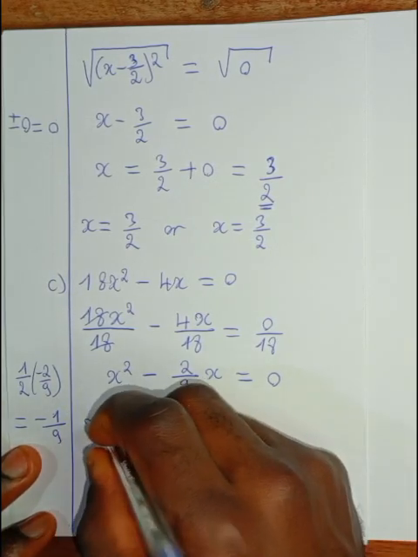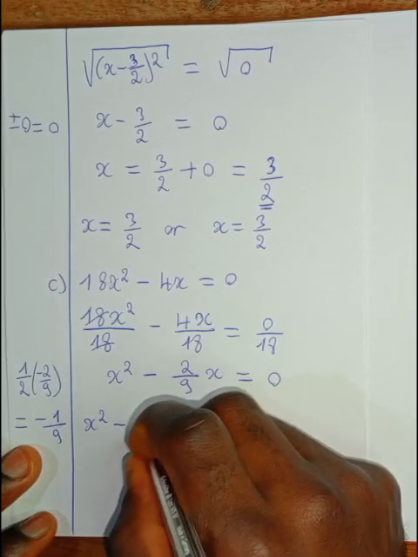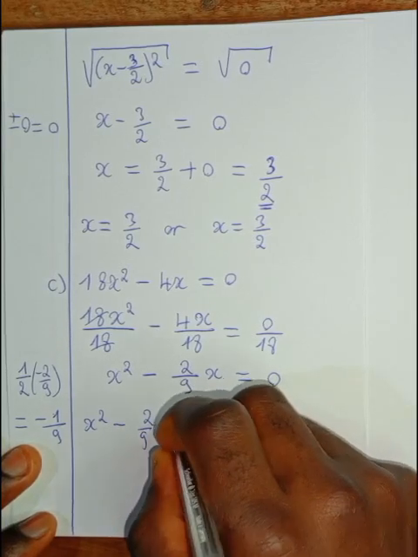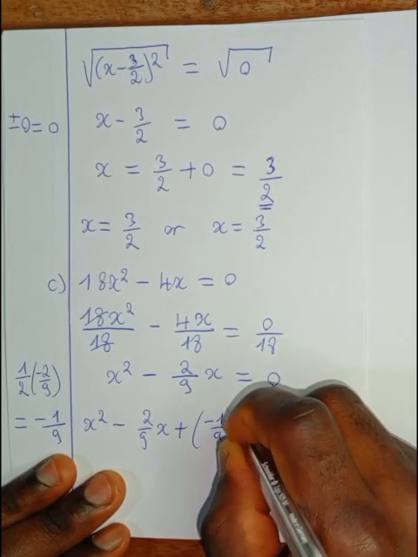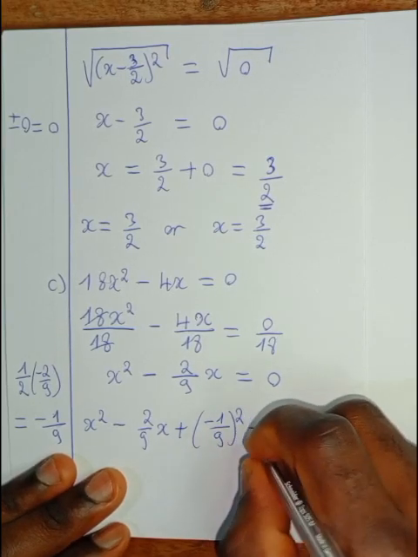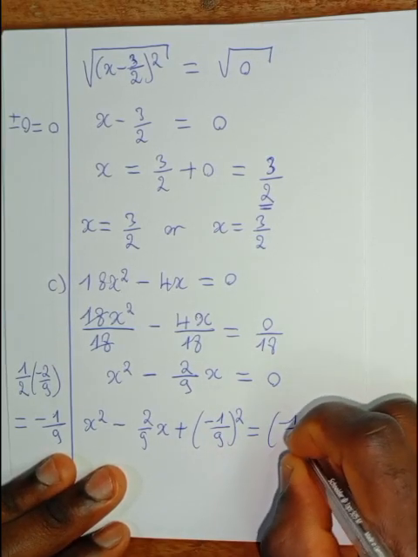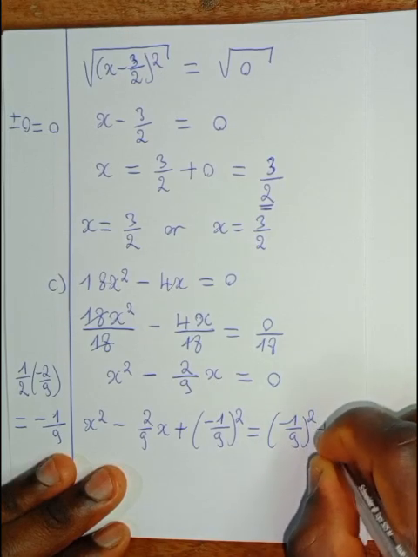This will give us x squared minus 2 over 9x plus negative 1 over 9, you square it, is equal to negative 1 over 9 squared plus 0.